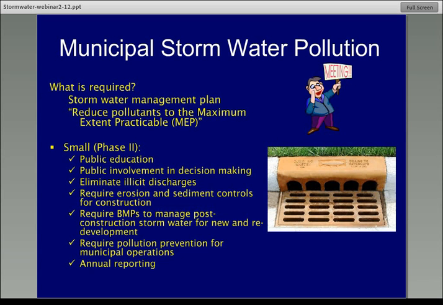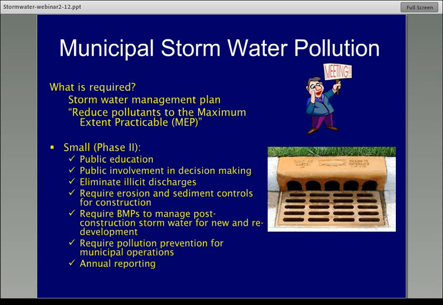How has the state translated the federal regulations and requirements into a permit that then is translated into a plan by the permittee? If we choose to evaluate whether they're doing a good job, we then need to look at whether the best management practices are being put in place and whether they're working.